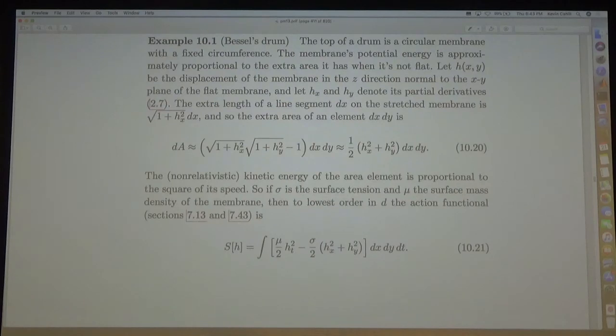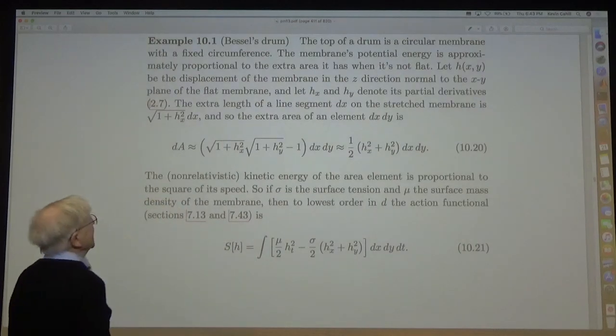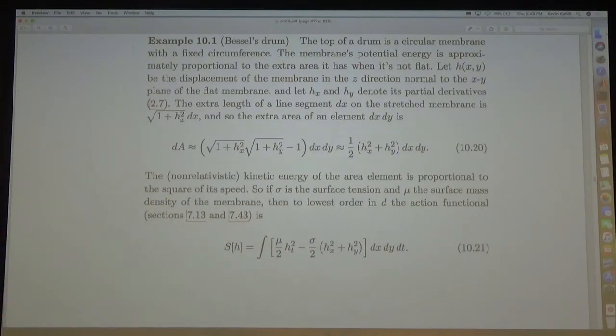So you've got the top of a drum. It's a circular membrane with a fixed circumference. The potential energy is approximately proportional to the extra area that the surface has when it's not flat.